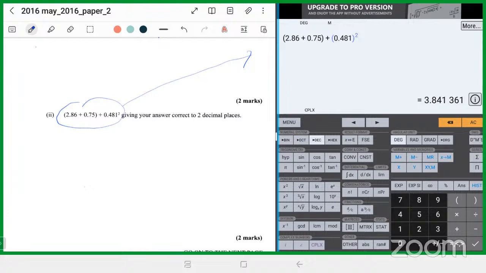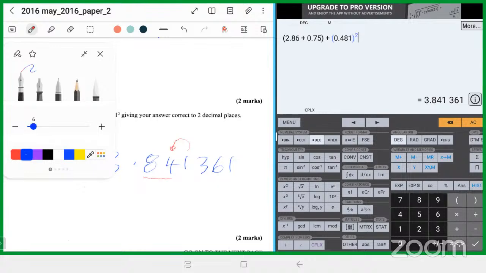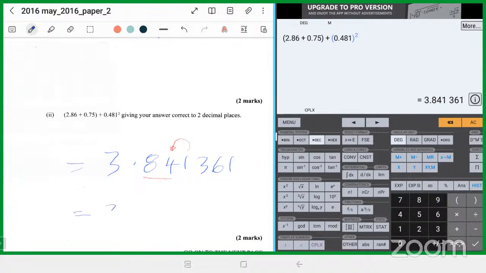I'm seeing the value 3.841361, but the question wants us to correct to two decimal places. These are the two decimal places we are correcting, and we're using this one to correct those two places. The 1 cannot increase it, so to two decimal places this becomes 3.84.